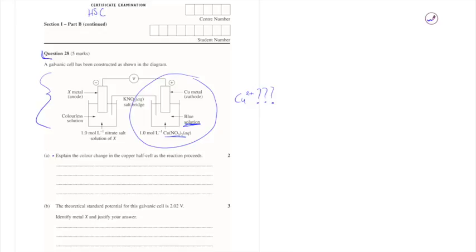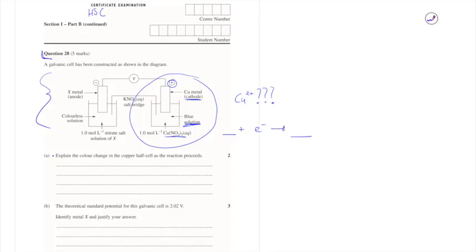Now, it's mentioned here that the copper metal is the cathode. It's also given the plus, just in case you're not sure. Of course, with a galvanic cell, the cathode is the positive cell. Now, what happens at the cathode is a reduction. So that means some sort of reduction reaction is taking place, and reduction is a gain of electrons. So that means I'm going to have something plus some electrons producing something else. And I know that it has to be something to do with copper.